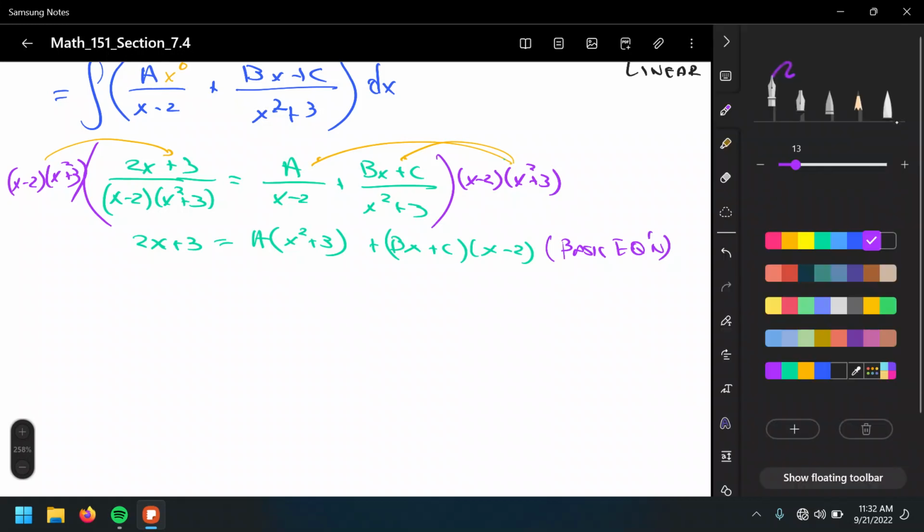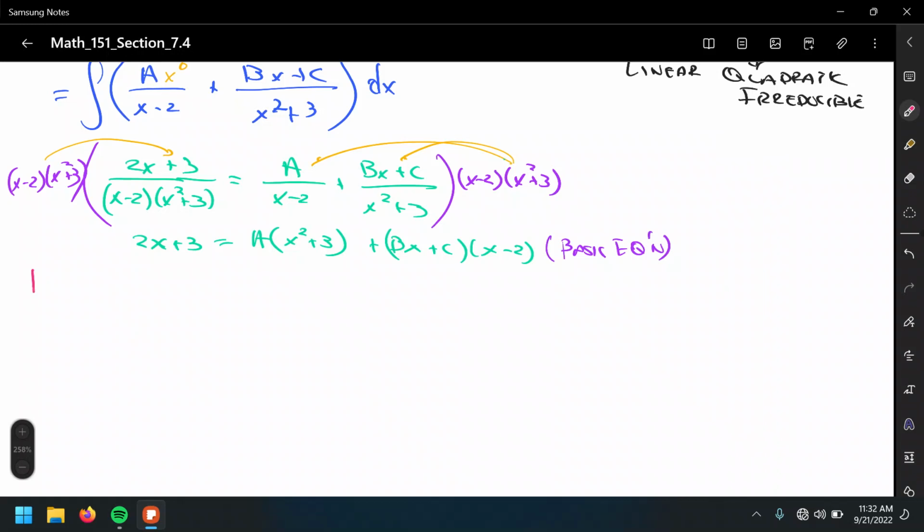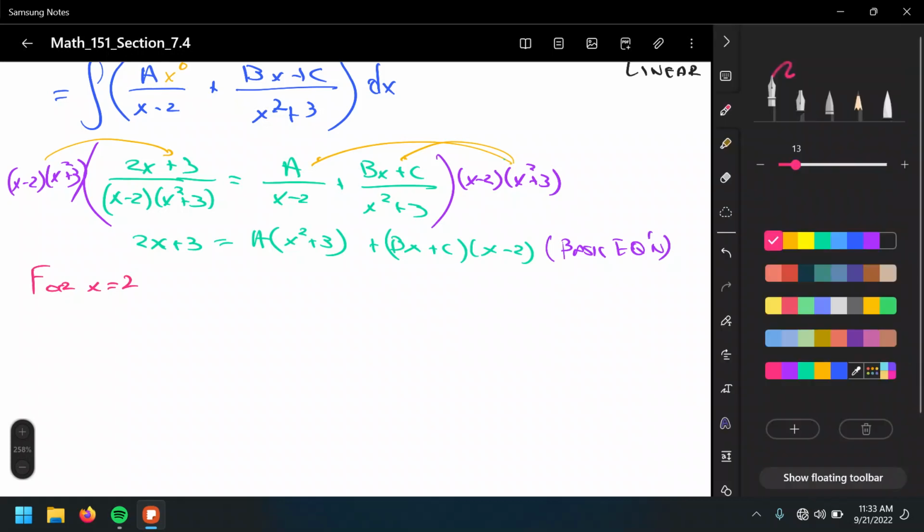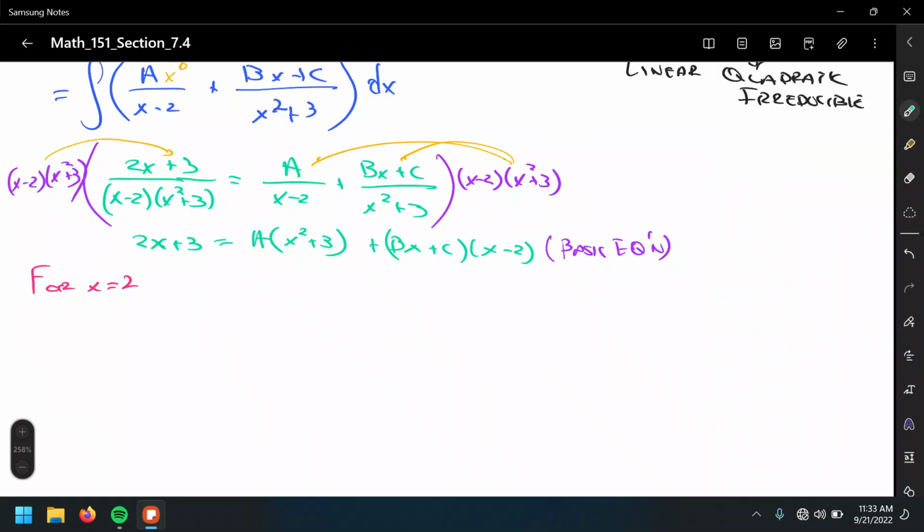Well, why 2? Because for x equals 2, it's going to zero out this whole term right here and will allow us to find the constant a. So that's great because only one number will wipe out two of the terms, allowing us to do some good work here.